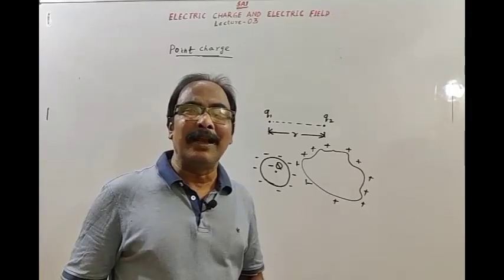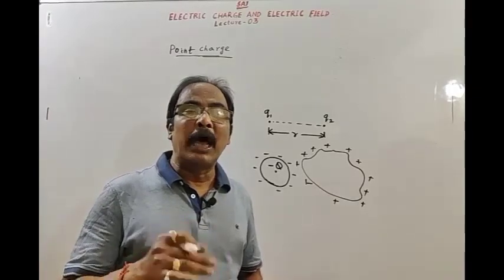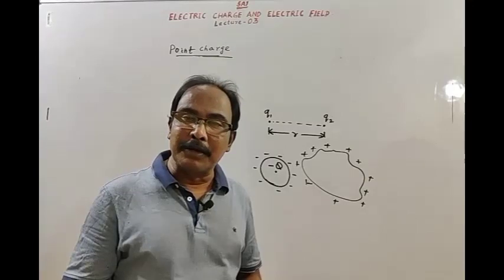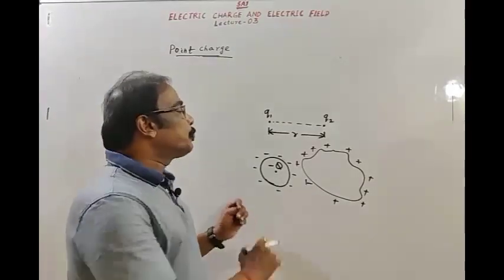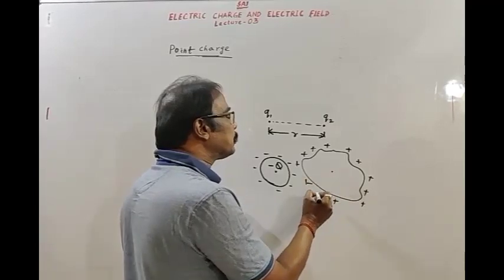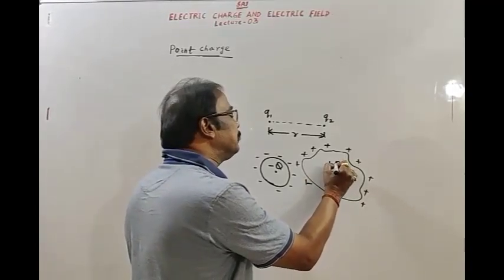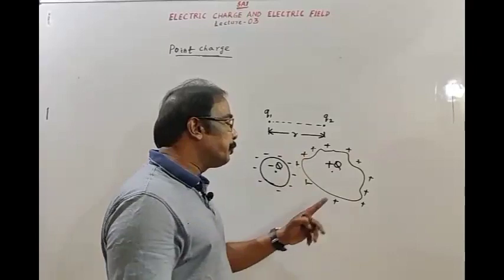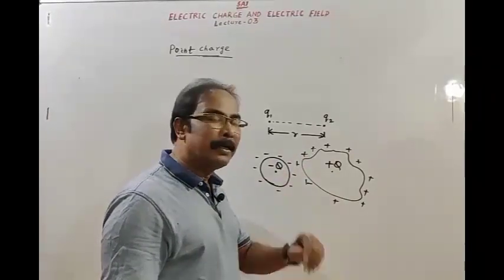We'll discuss later how charge density depends upon distance. So charge is distributed on the surface and the total positive charge Q is assumed to be concentrated at a point. This is the point charge.